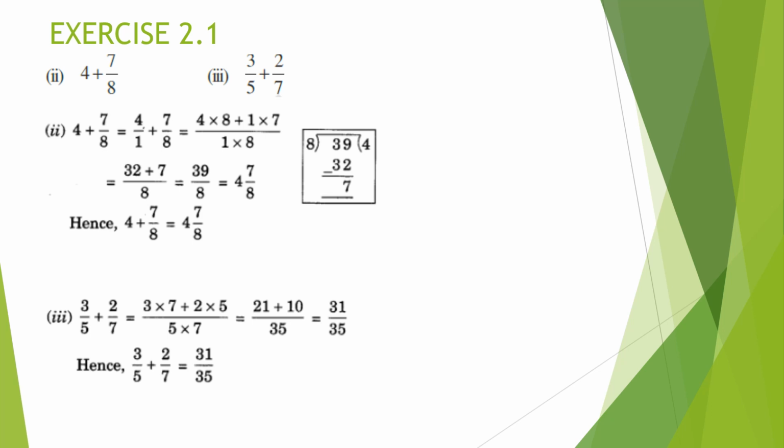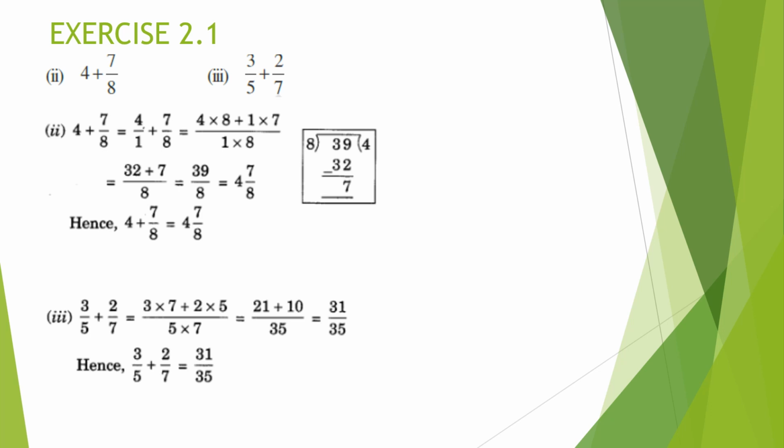So here we can write 3 by 5 into 7 upon 7 plus the second fraction is 2 by 7. The denominator is 7. To make it into equivalent fraction with the denominator 35, we have to multiply it by 5. So the numerator also multiplied by 5. So we can write 2 into 5 upon 7 into 5.